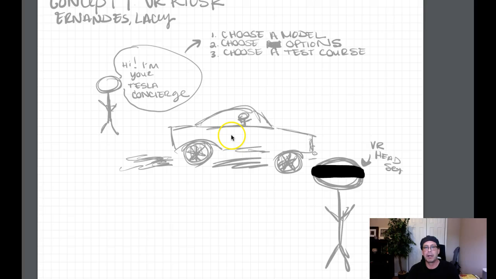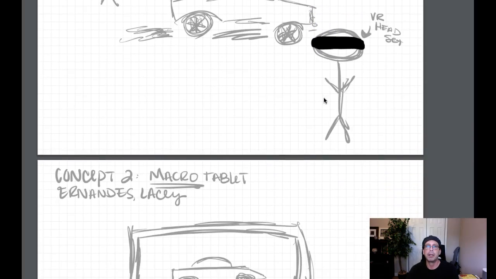Is it a model of the car that you sit in while you're wearing the VR headset? How does the user interact with this, and how does the configurator work? What is the viewer looking at when they're configuring their car? You see what I'm saying? I think that's a great idea to be able to use this kind of interaction to choose a model, choose the options, and choose a test course for a VR test drive.